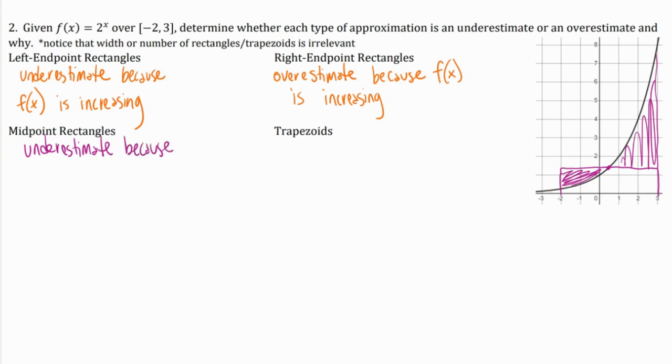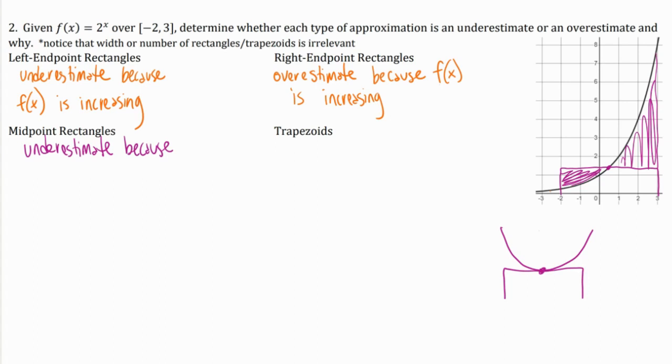Midpoint rectangles are typically harder to see what's going on. And the reason is not because f of x is increasing. If you were to look at a decreasing function like this, your midpoint rectangle might still be an underestimate. So the reason is not because the function is increasing. It's actually because of the concavity. If I have a concave up function, a midpoint rectangle is an underestimate.